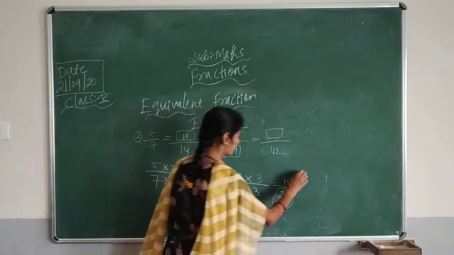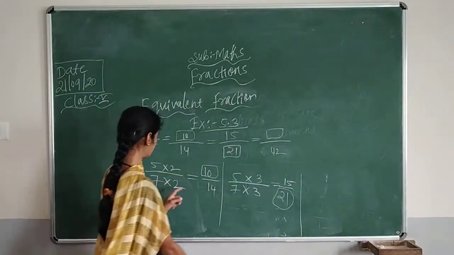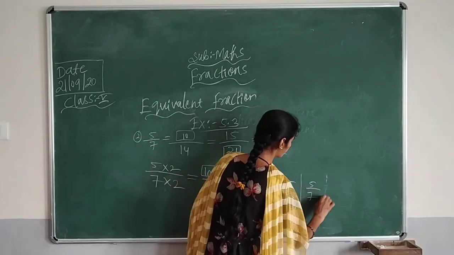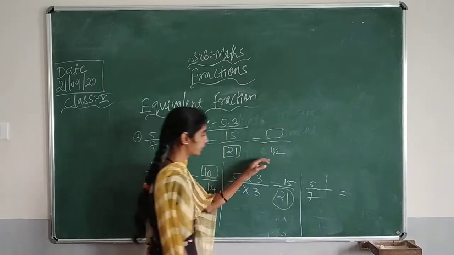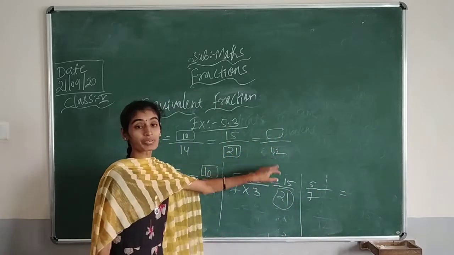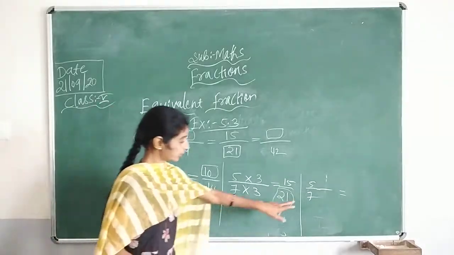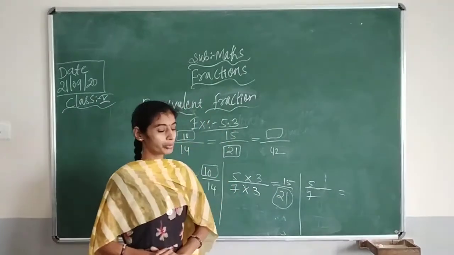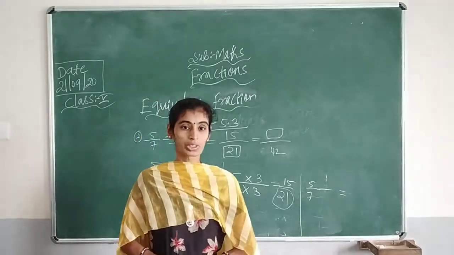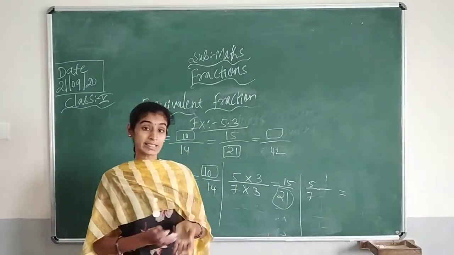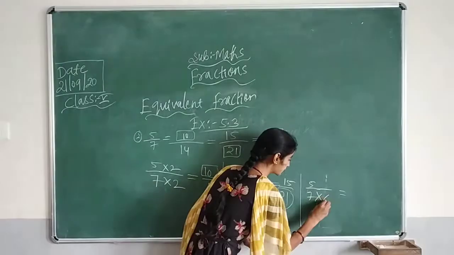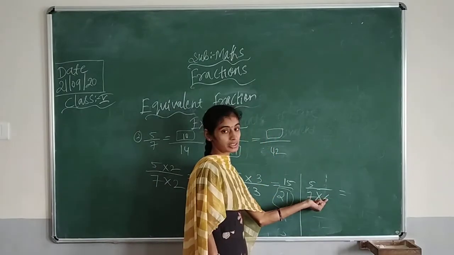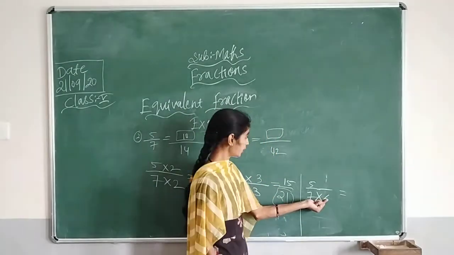And last, what is the value, children? Again you have to take 5 by 7. But in the denominator they have already given it as 42. So with this 7, what do you have to multiply to get 42? You want 7, yes or no? 7 5s are 35, 7 6s are 42.